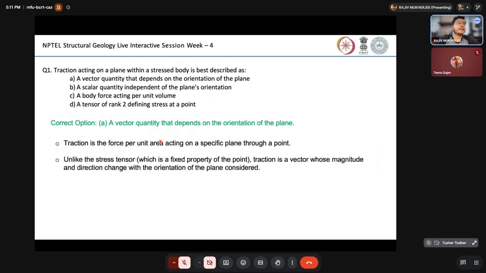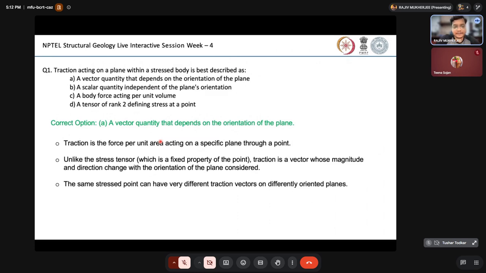And unlike the stress tensor, which is a fixed property of the point, traction is a vector whose magnitude and direction change with the orientation of the plane considered. The same stressed point can have very different traction vectors on differently oriented planes.